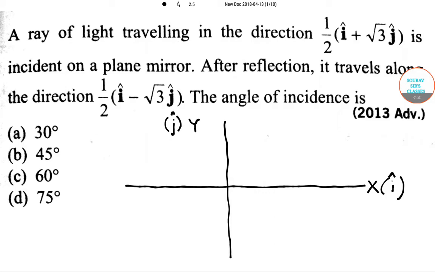It is given that the light is traveling along the direction half of i cap plus root 3 over 2 of j cap, and it is the incident light's direction.